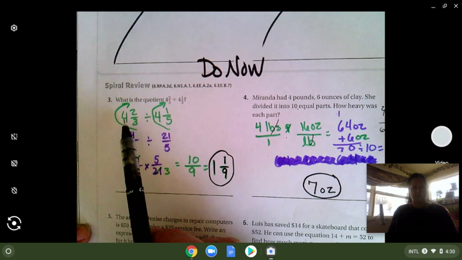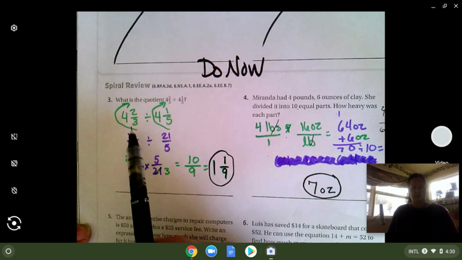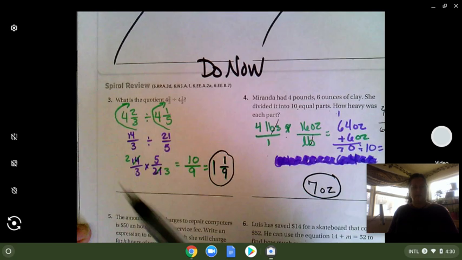So 3 times 4 is 12 plus 2 more, 13, 14. 14 over 3. So remember, this is like having 4 whole pies and splitting them into 3 pieces. That's how you get that new fraction, plus you add on the 2 pieces that are here in the fraction.